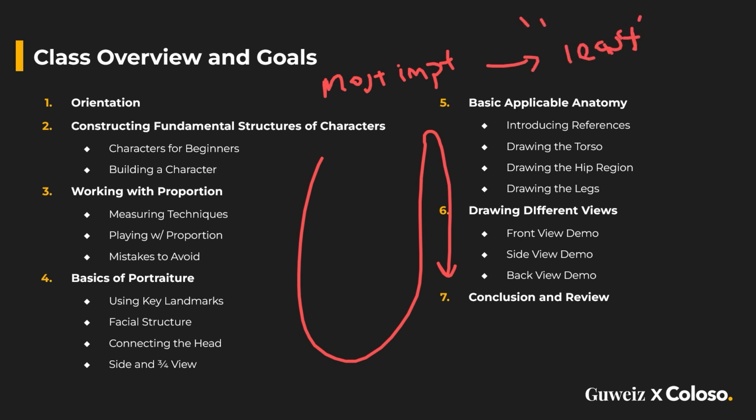And I put least in parentheses because these are very important, but obviously the most important thing is to introduce you to what drawing characters is, how to build them, very basic things like proportion itself, drawing the face because characters need faces, and then going back to understanding the proportions and basic structure a little bit more, and then finally with a practice, full demonstration, full exercise, and a conclusion. So this is going to be the flow of the class. Hopefully this gives you a better understanding of what you can expect from each segment and how I want to keep things structured.